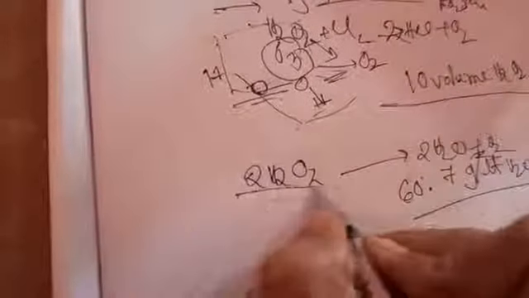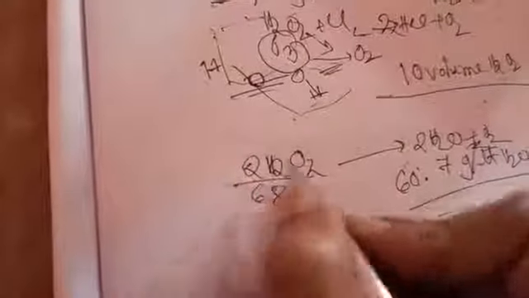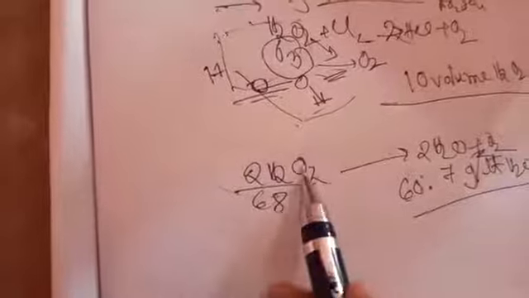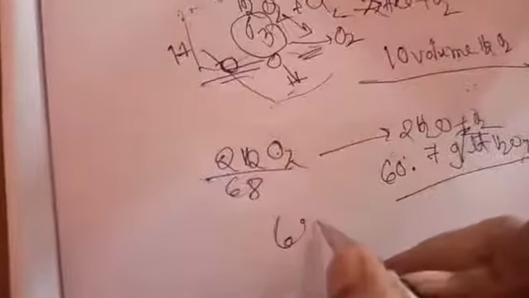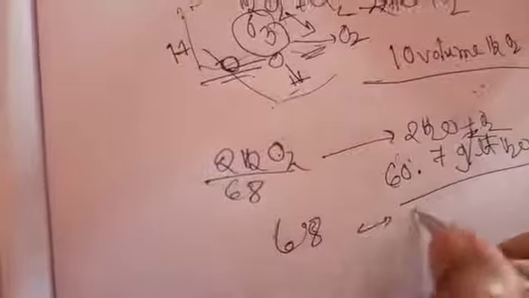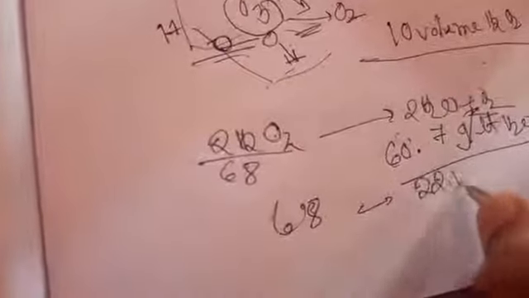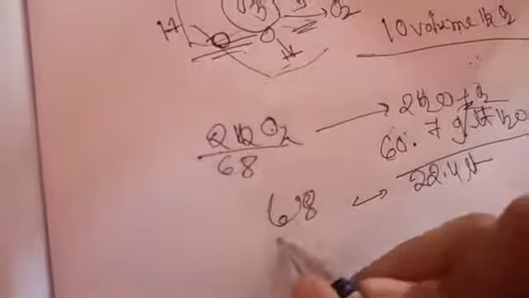So first you need to write this equation. 2H2O2 gives 2H2O plus O2, and if you calculate the molecular weight here, it will be 34 into 2, 68, and here oxygen we are getting 22.4 liters at STP. So 68 gram of hydrogen peroxide is giving 22.4 liters of oxygen at STP.